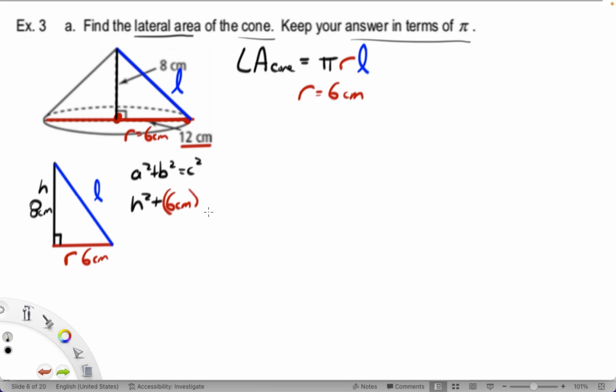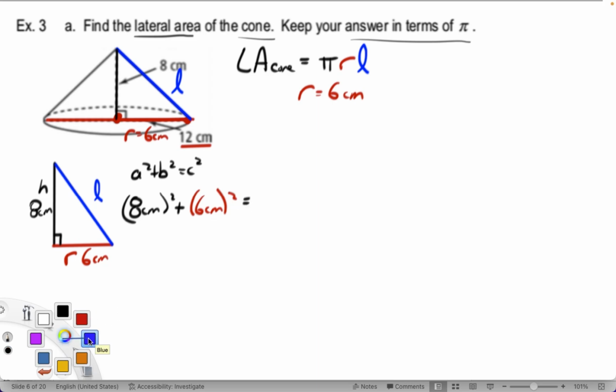Whoops, I should go back, sorry. If we're going to call that 8, so that's going to be 8 centimeters squared plus 6 centimeters squared, and that's going to equal my lateral squared.